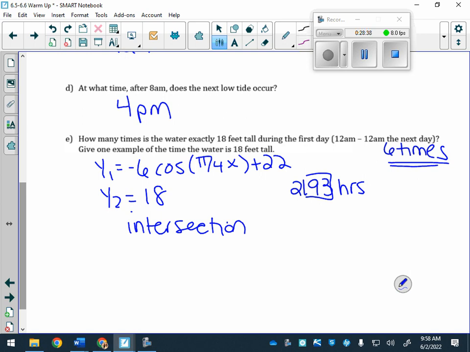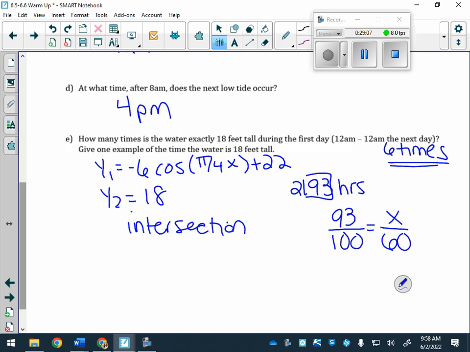Can we convert 0.93 into minutes? Because it's 2 hours. And can't we do 93 over 100 times x over 60? Yeah, so jot that down. Okay, so 2 hours and 55 minutes and 48 seconds to be exact.